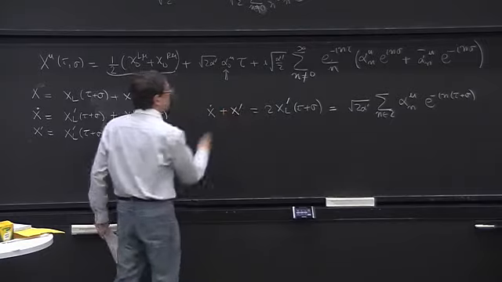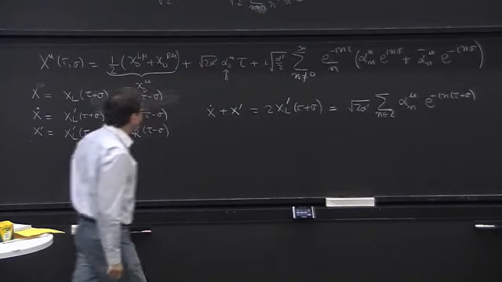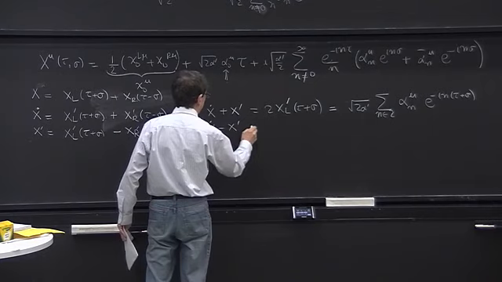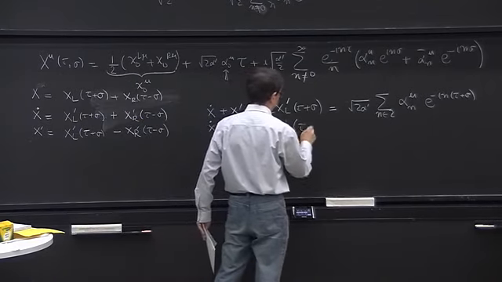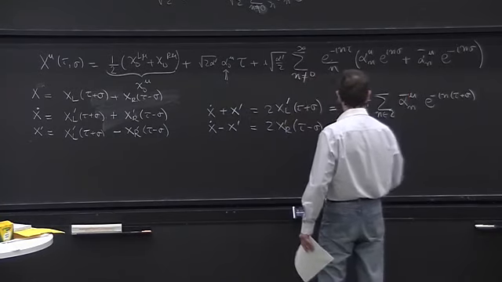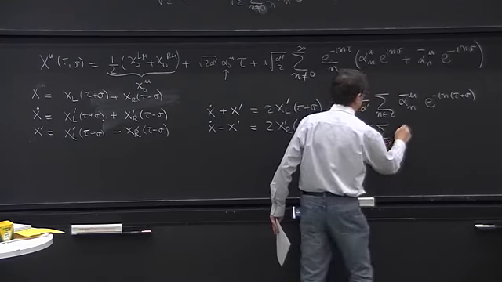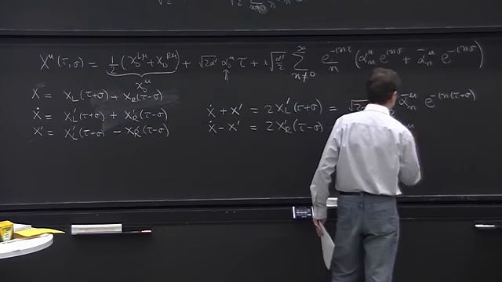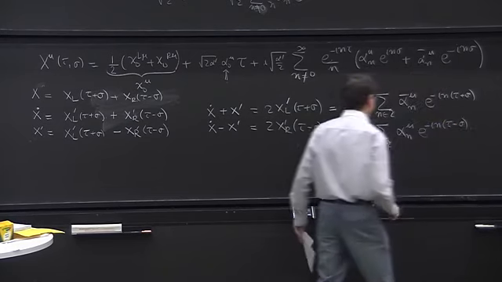So x dot plus x prime looks exactly like in open string theory, where we had this formula. And x dot minus x prime is 2 x right prime. And it's, for the right, I'm sorry, it's alpha n bars, square root of 2 alpha prime, sum over n belonging to Z, alpha n bar mu, e to the minus i n (tau minus sigma). The mu's reappeared here for some reason, but it's okay.